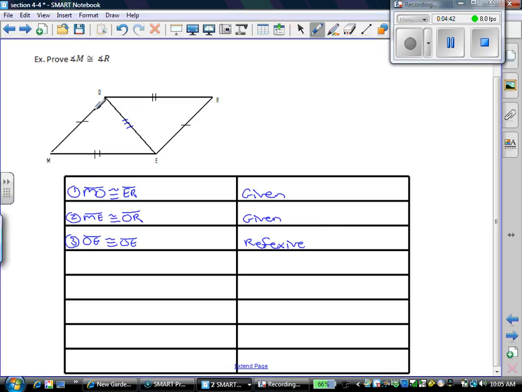Alright, so now you have triangles congruent by side, side, side. So that was 1 tick, 2 ticks. So E, R. Oh, for 1 tick, 2 ticks.